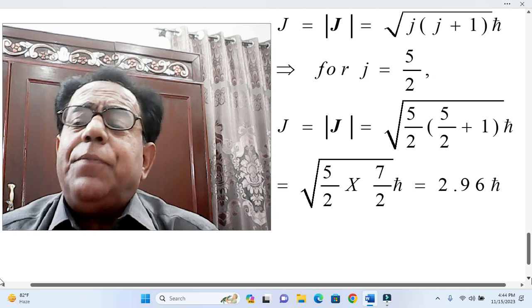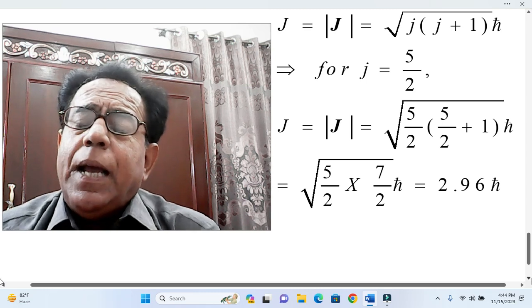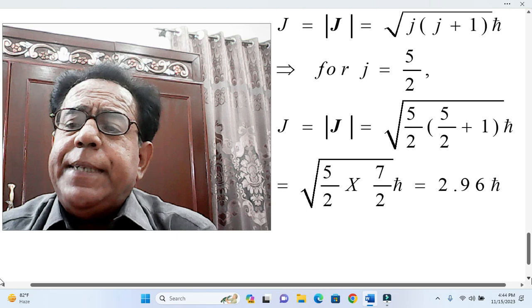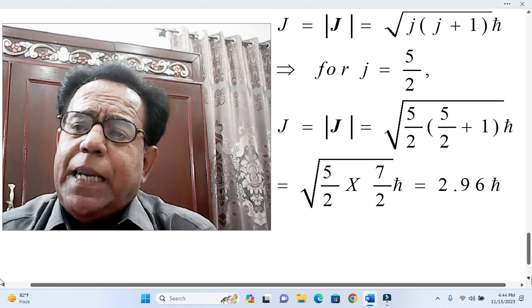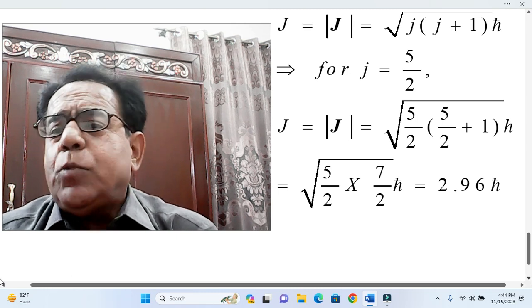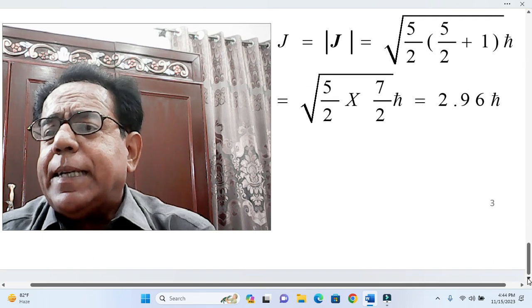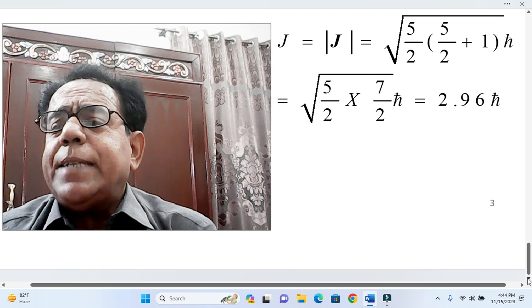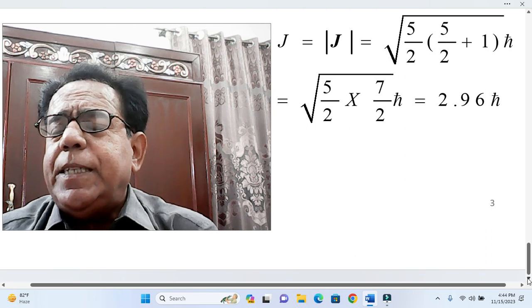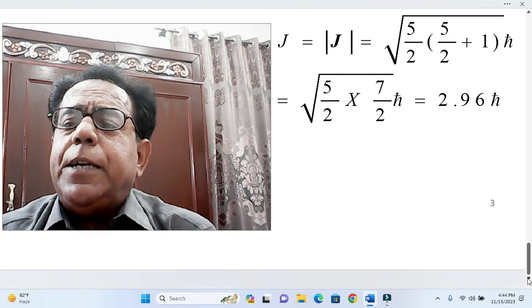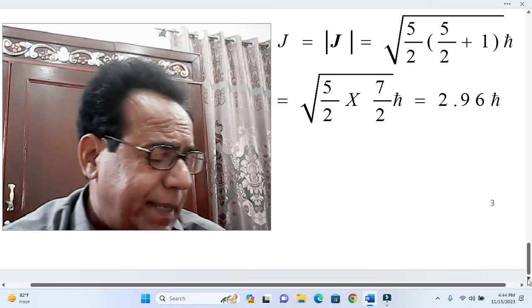Hence our capital J, the magnitude of the capital J vector, becomes equal to 2.96 h cut, where h cut is Planck's constant divided by 2 pi. And this is the end of our problem.